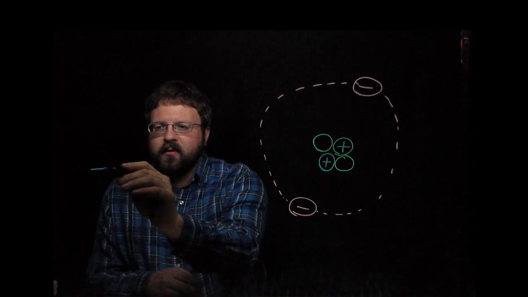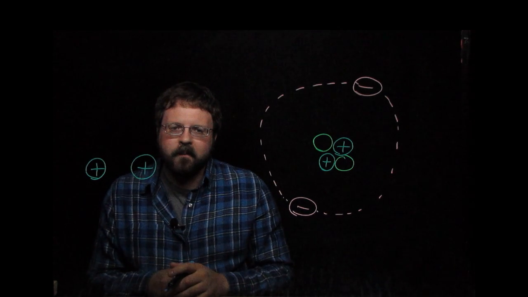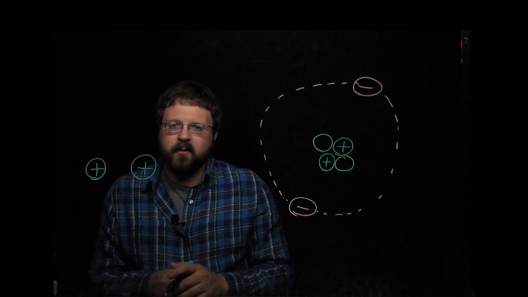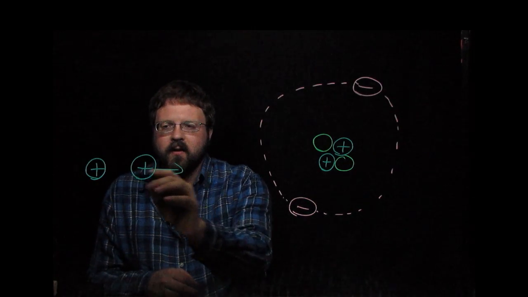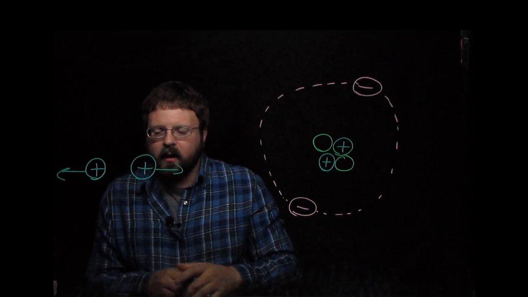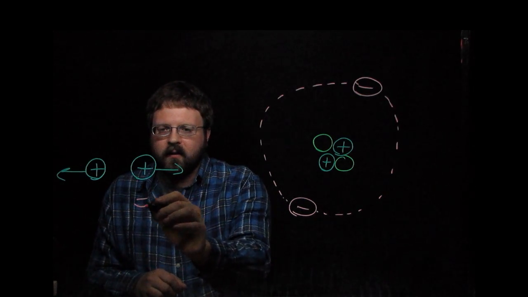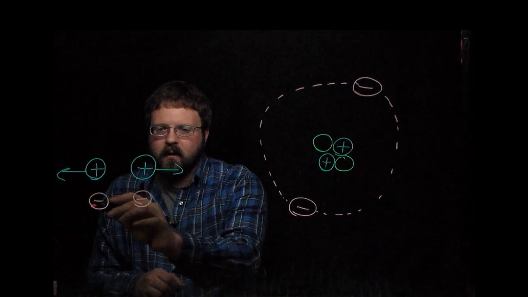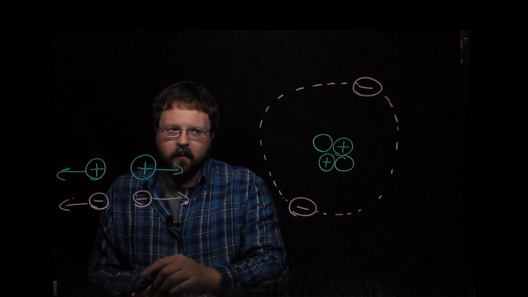Now, let's think about the interactions that these particles have between each other. So if you had 2 protons, for instance, that were near each other, they would feel a force between them. And since they're both of the same charge, this would be a repulsive force. You could do the same thing with the electrons, and 2 electrons next to each other would also repel.